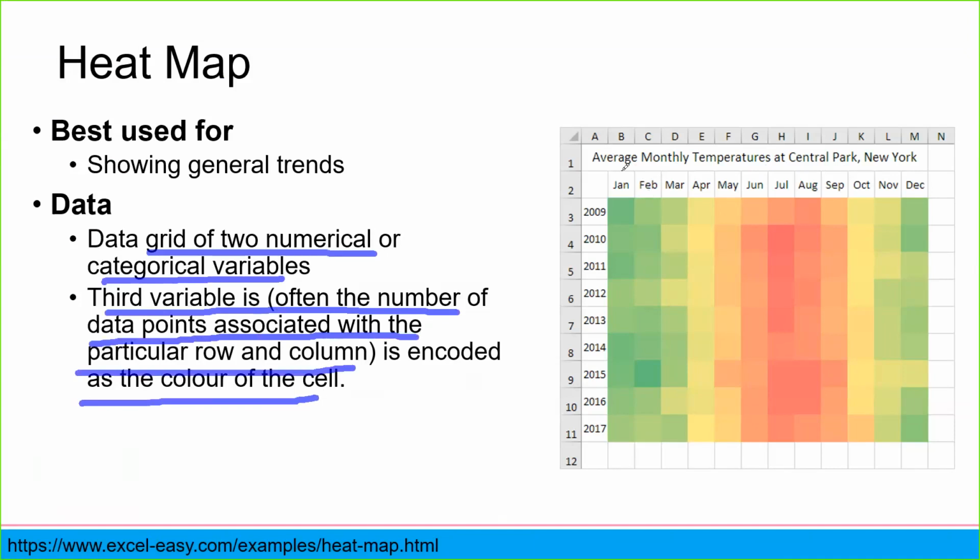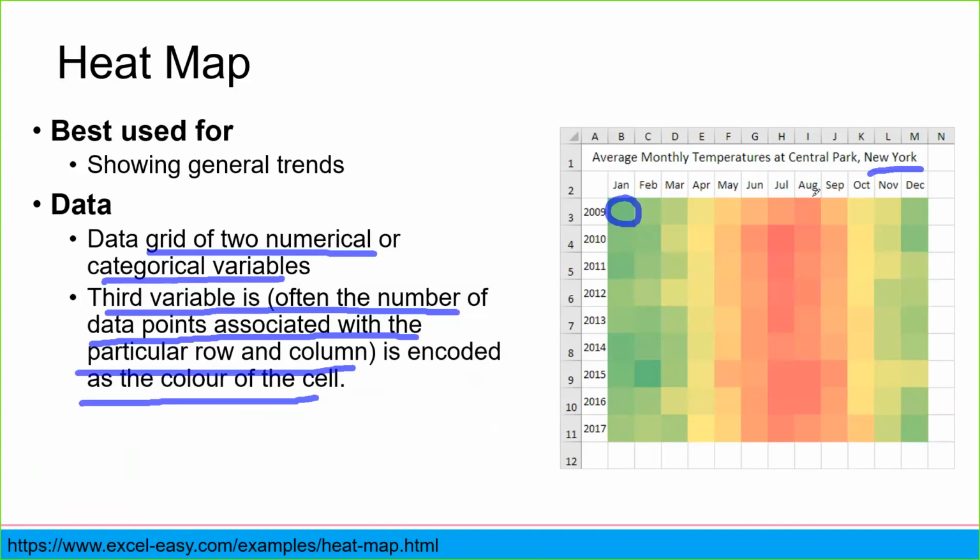So if you look at this one, in New York, in January, it shows green. We know that New York is at a similar latitude to Korea. So in the winter time, in January, the temperature will be very low. And in July or August, the temperature will be high.